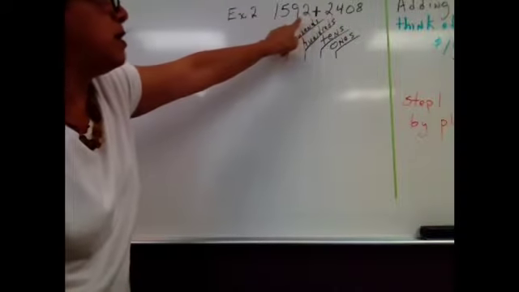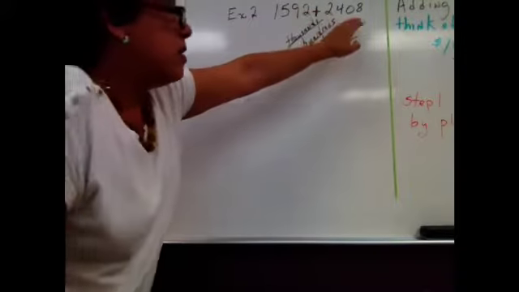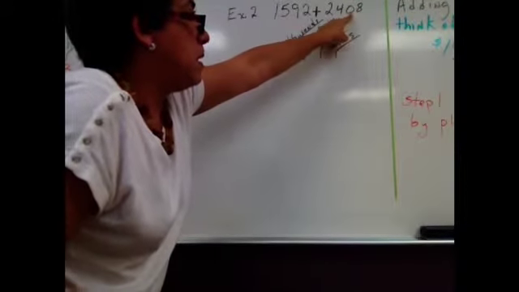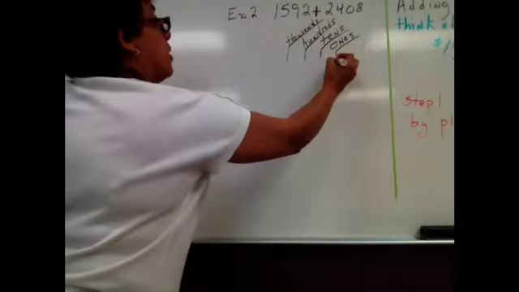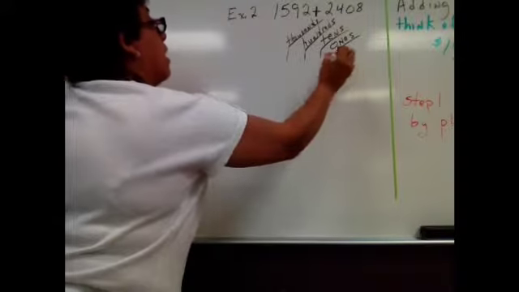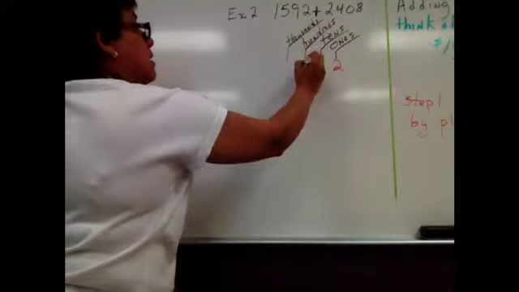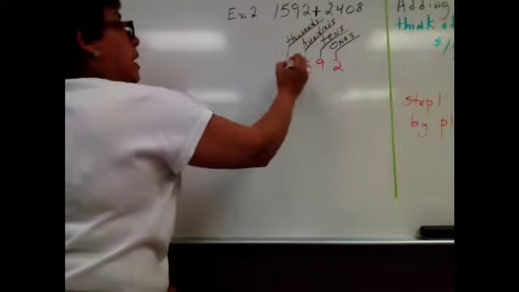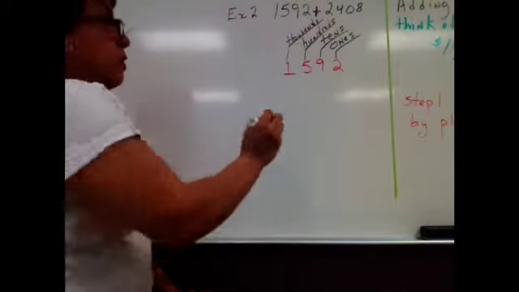The 2 is ones, tens, hundreds, thousands. So let me line it up and get this ready for us to add. So I'm going to put my 2 here. It's my ones. My 9 is my tens. This is hundreds for the 5. And a 1 for my thousands. We're going to add it together.